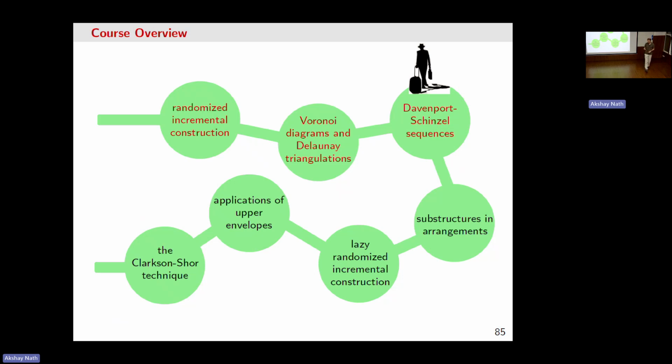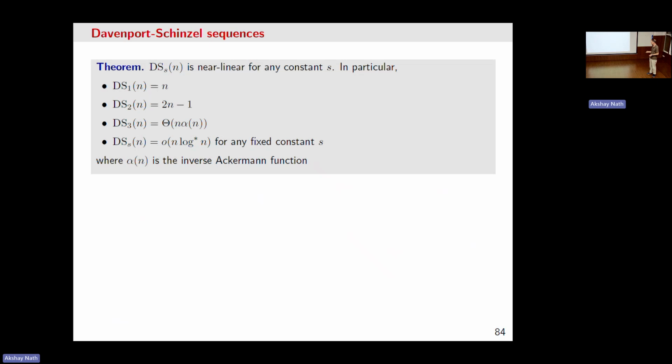I think all these bounds are slightly different. The next one, DS4, is n times 2 to the power alpha n. That sounds maybe bad, 2 to the power, but this alpha n grows so slowly that even 2 to the alpha n is much slower than log star.